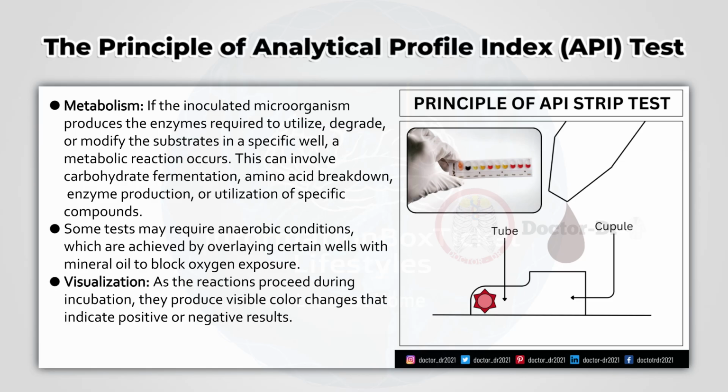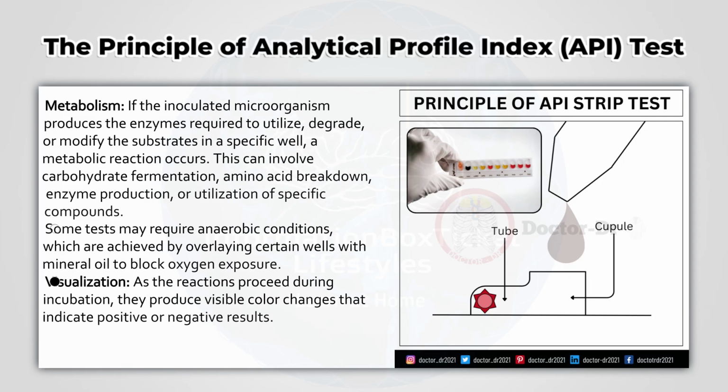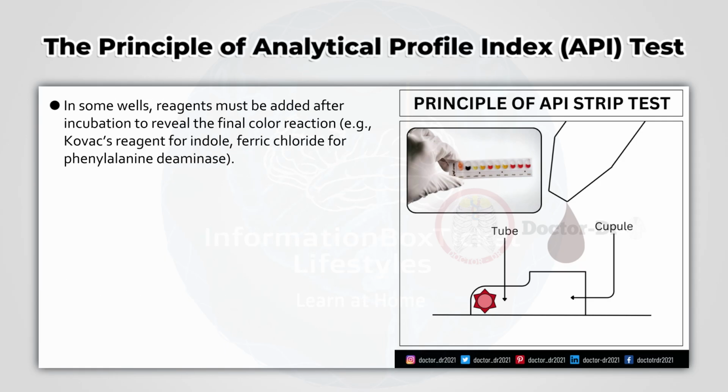Visualization. As the reactions proceed during incubation, they produce visible color changes that indicate positive or negative results. In some wells, reagents must be added after incubation to reveal the final color reaction, e.g., Kovacs reagent for indole, ferric chloride for phenylalanine deaminase.